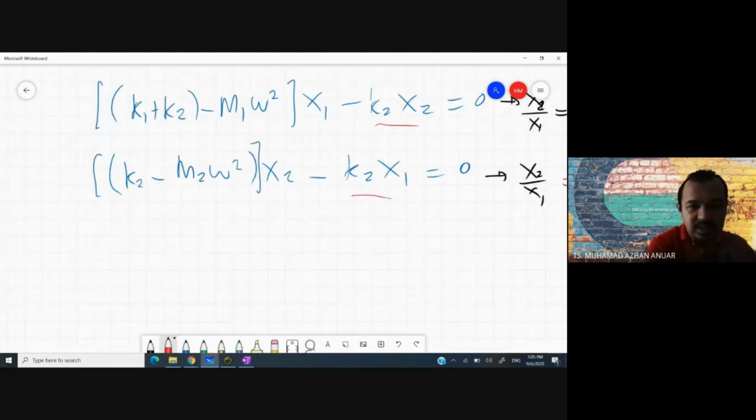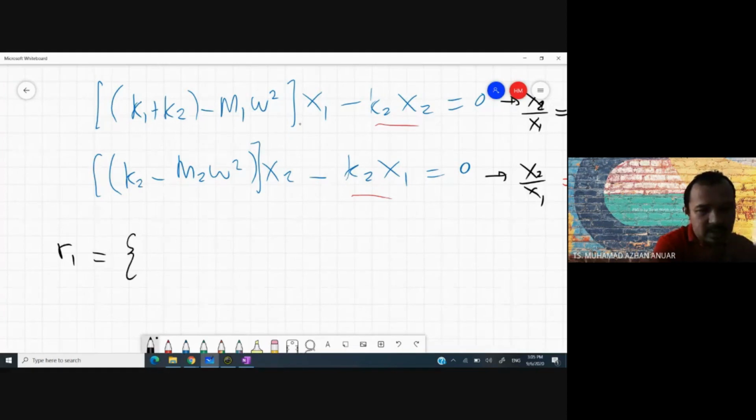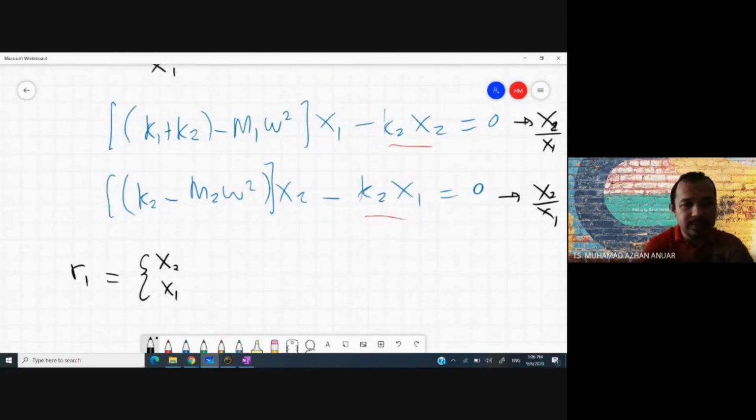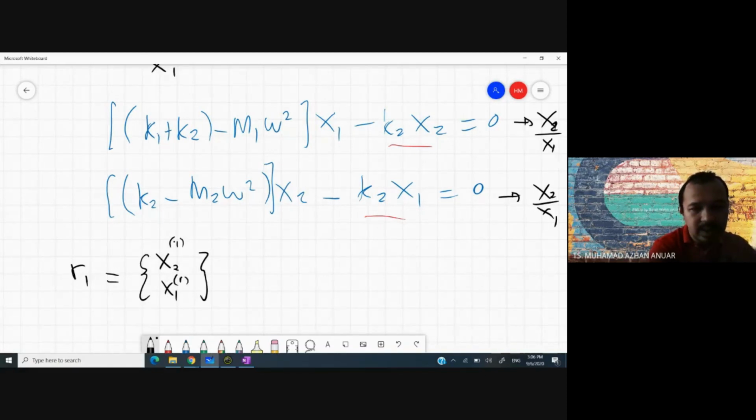Now we can represent the two mode shapes. We can represent our R1 here as x2 and x1. What is this number 1 here? That is due to the first mode, due to the first natural frequency.